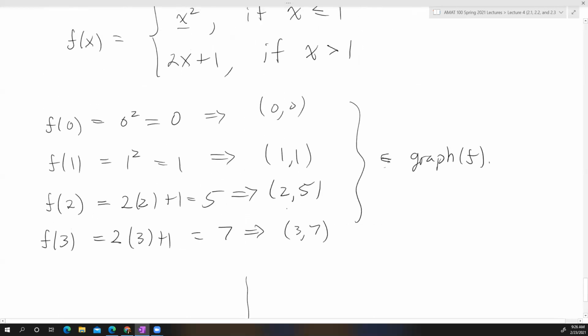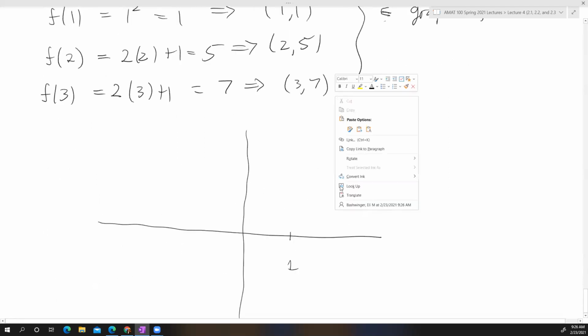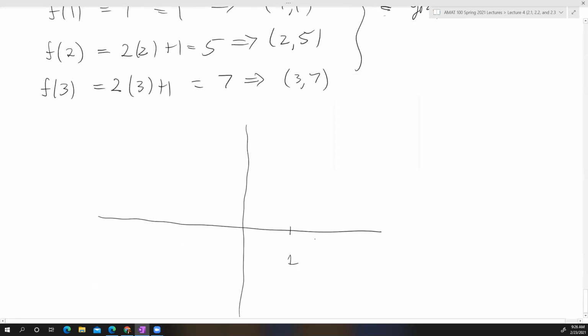Remember, we have the domain is all of R, but there's a break at x equals 1. The domain sort of splits up here. So we have to be careful about graphing this function at 1. But if you are careful enough, you'll see that the plot looks something like this.